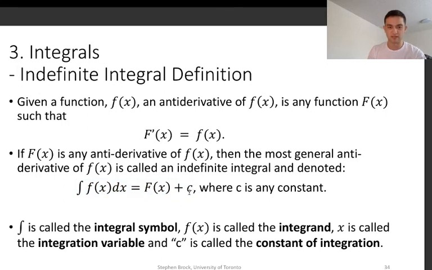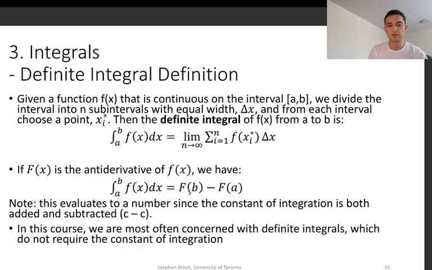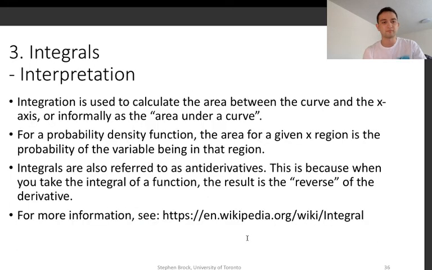So that's this term right here. But because we have F of b minus F of a, the two constant terms actually cancel out. We get c minus c. And so we actually don't even need to include it when we're evaluating definite integrals. So in this course, we are most often concerned with definite integrals, which do not require the constant of integration.